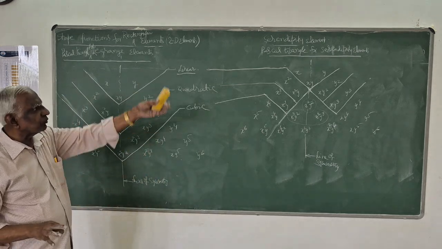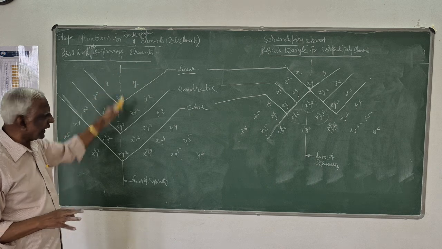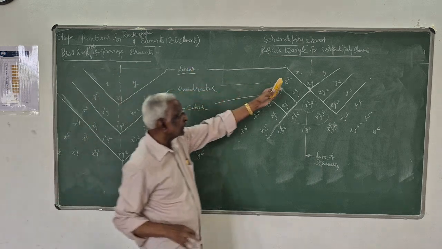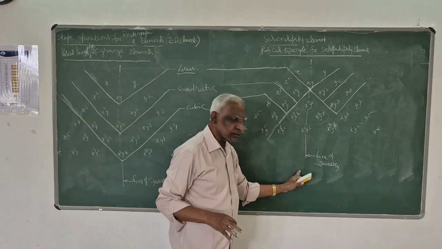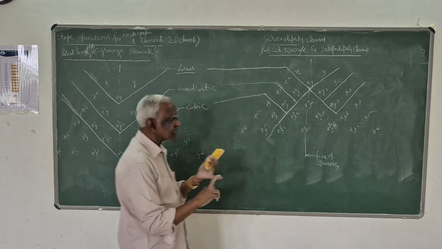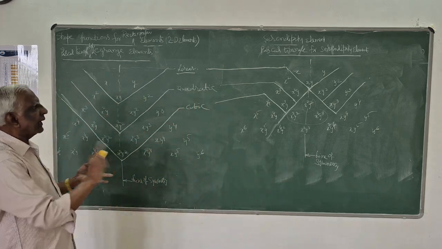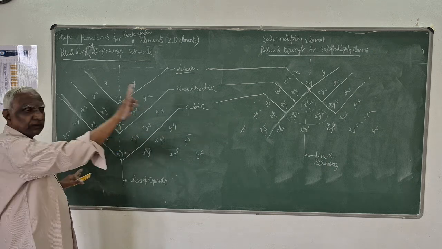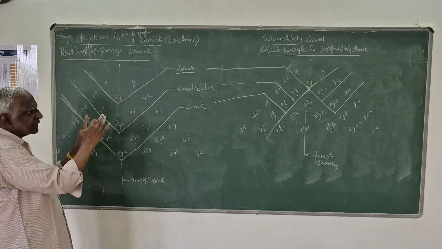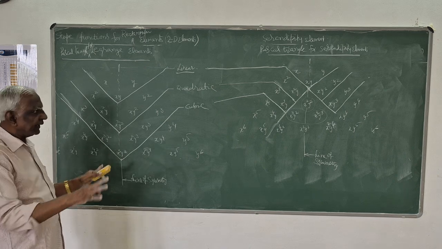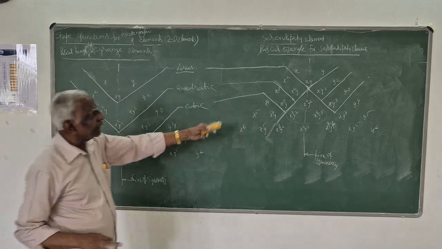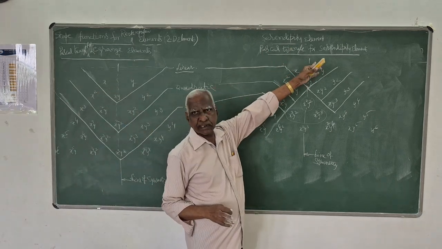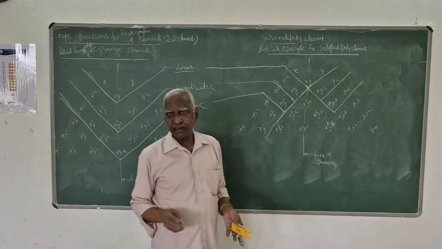It satisfies only the geometric similarity. Because about the line of symmetry, geometric similarity is satisfied, but functions are not complete, but continuity is there. Continuous and symmetrical. Symmetry is maintained, but completeness is not there in the case of serendipity elements.